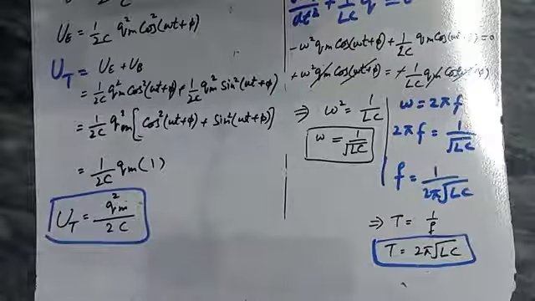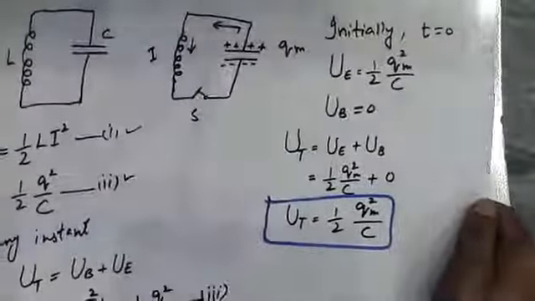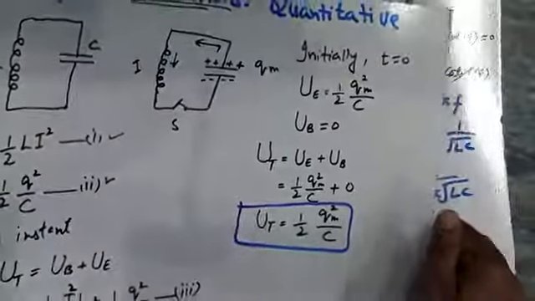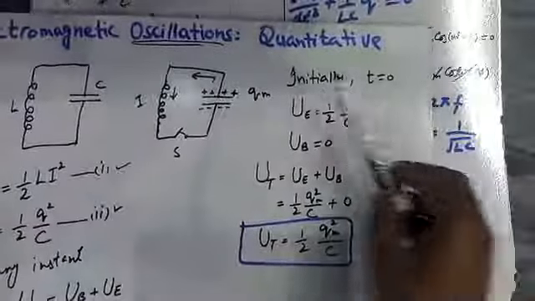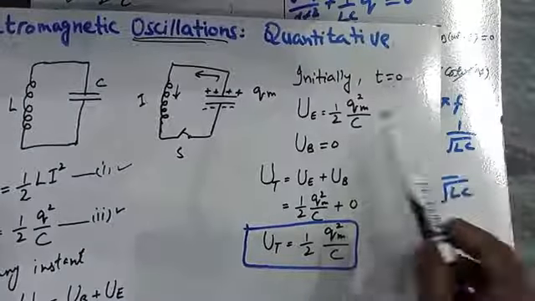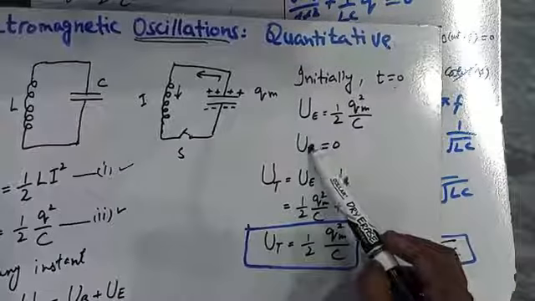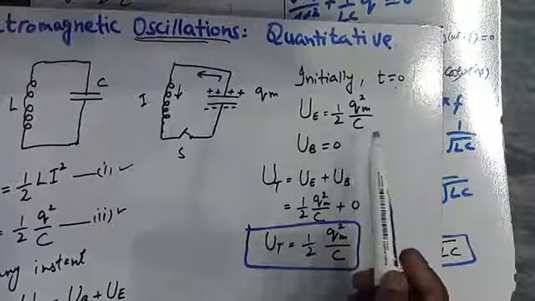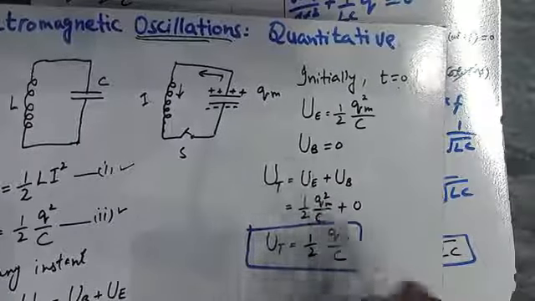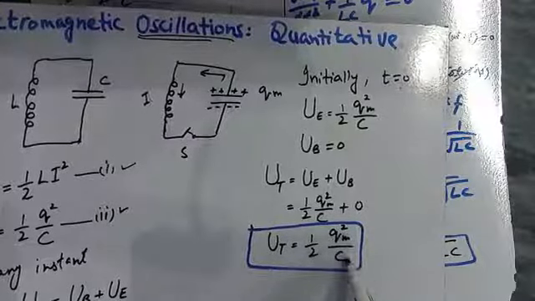As we stated earlier, total energy is the sum of electric and magnetic energy in an electromagnetic oscillator. And initially at time 0, we saw that total energy was electric energy and magnetic energy was 0. But the total energy of the system was equal to half qm square over c.